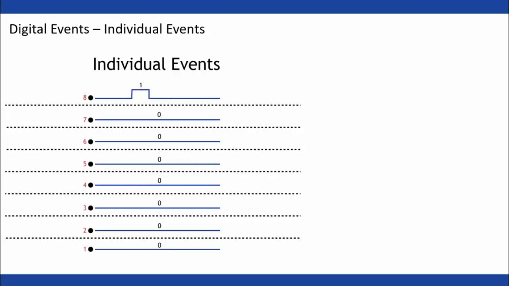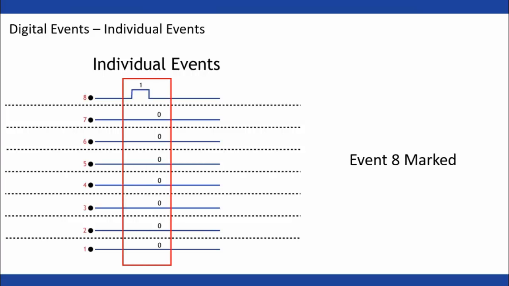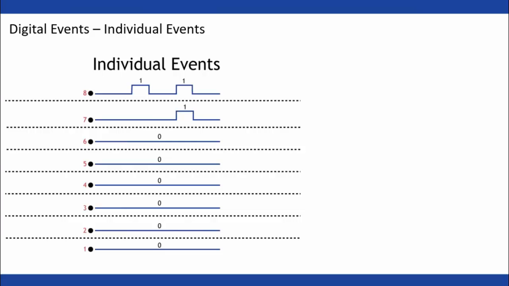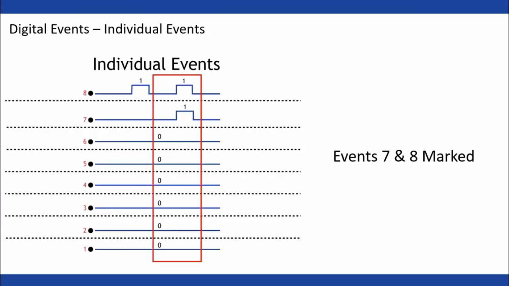So when we see the same exact state on the port as we looked at before, in this situation, only event 8 is going to be marked. And if we look at our second scenario, even though these are occurring at the same time, they're still looked at separately. So in this instance, event 7 and event 8 will both be logged at the same time, but as two separate events.